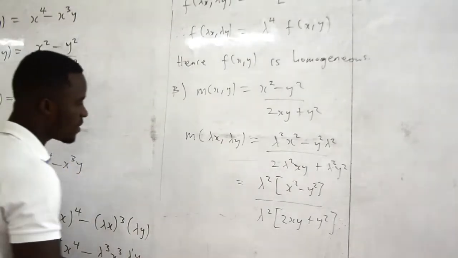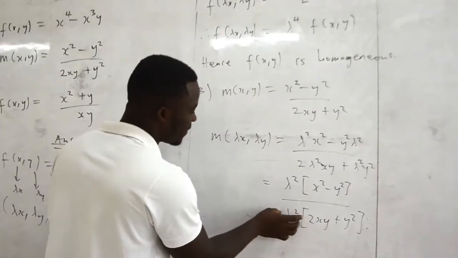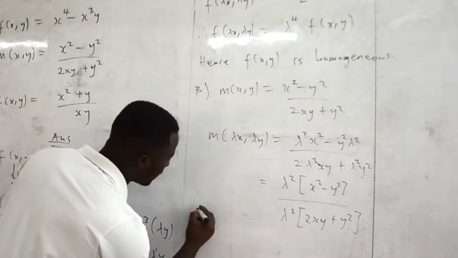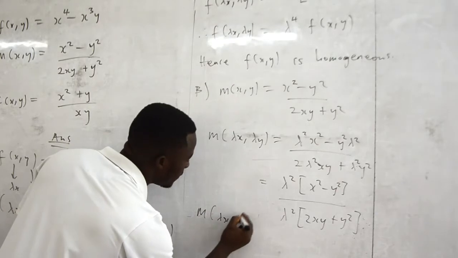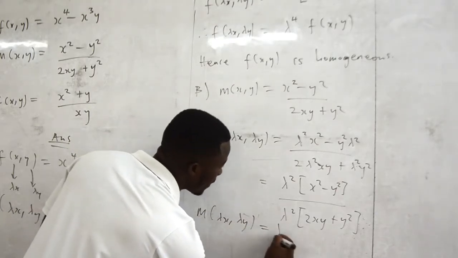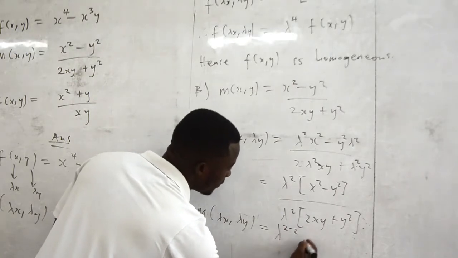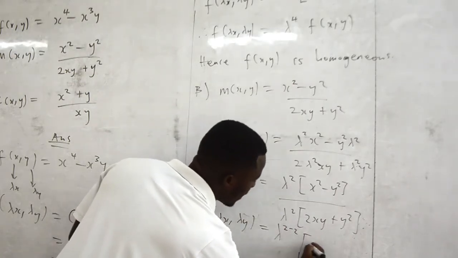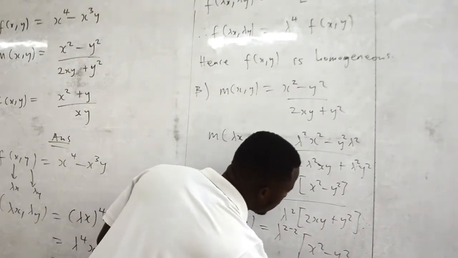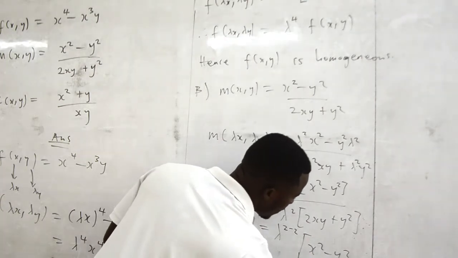So what we have to do here is that I will rather move this lambda squared to this side. Then I'll have my m of lambda x, lambda y equal to lambda, this is taking the power of 2, so this one will come as minus 2 here. Then I'll have x squared minus y squared all over 2xy plus y squared.